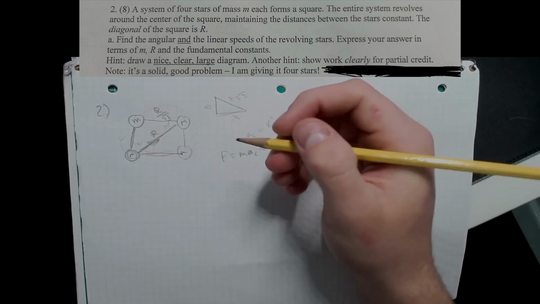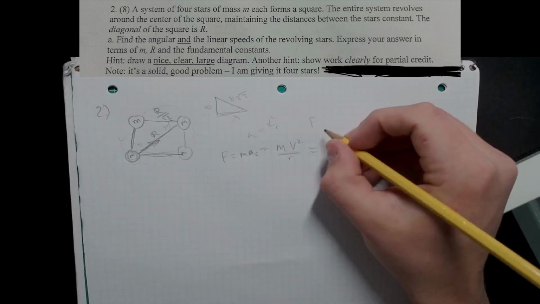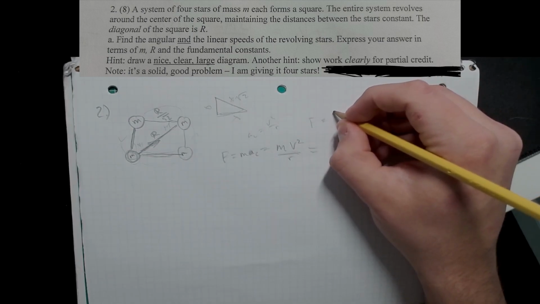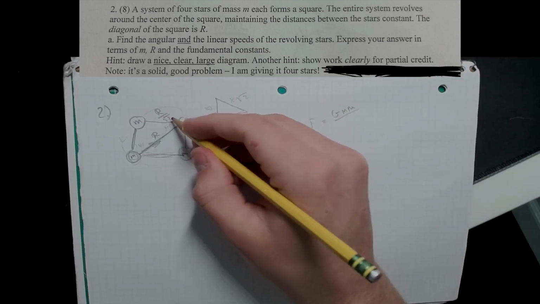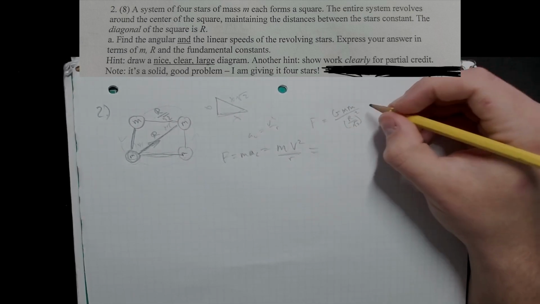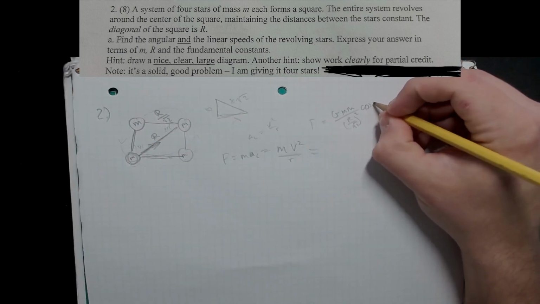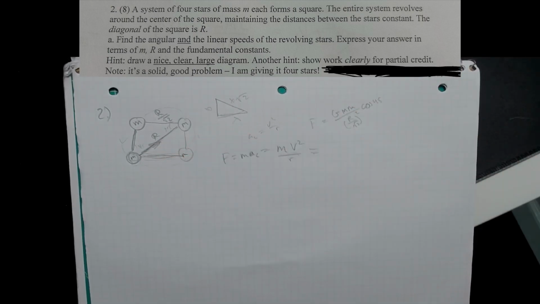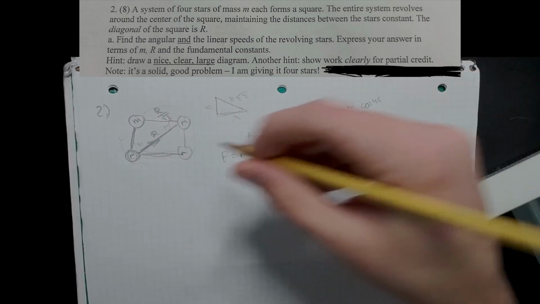Therefore we know we're going to have some cosine 45 involved somewhere. So in this case, we'll have the force from this one right here: G m times m over r over square root of 2, parentheses squared, and then times cosine 45, because it's this way and the net force is this way, so cosine 45 is the component along the net force. That makes sense. And we're going to have two of these because there are both of those.